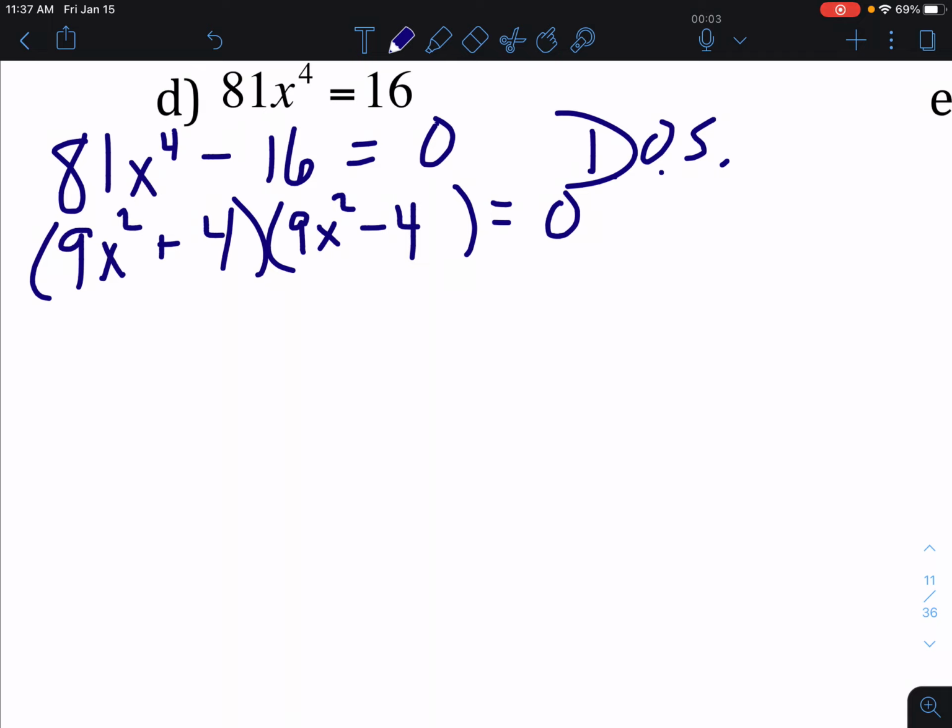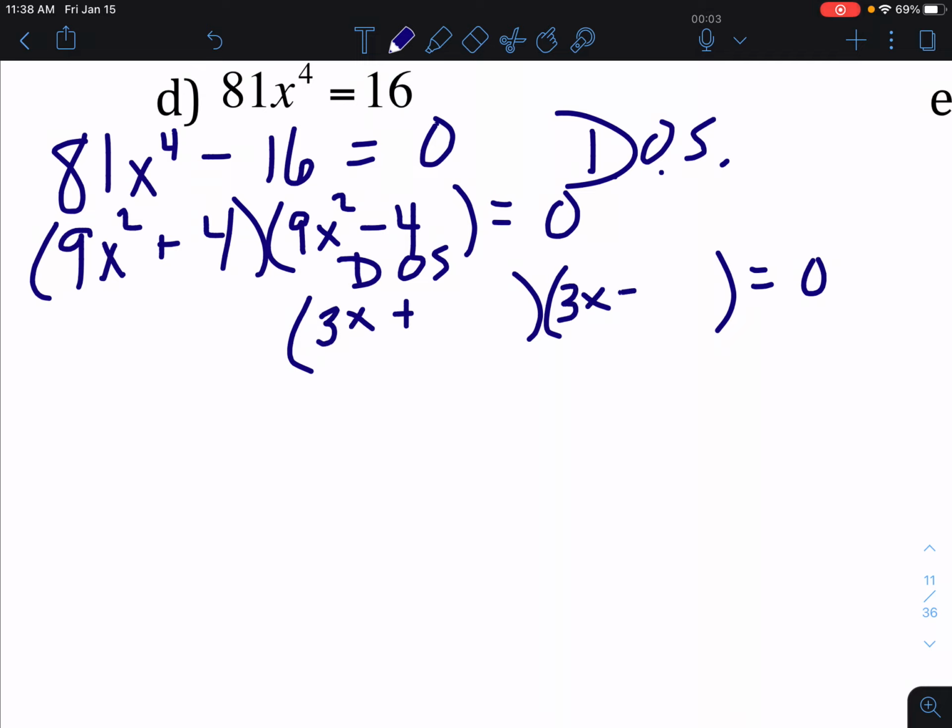Okay, can I factor further? The second one is actually difference of squares again. That would be 9x squared, square rooted is 3x. We got our plus minus, square root of 4 is 2s.